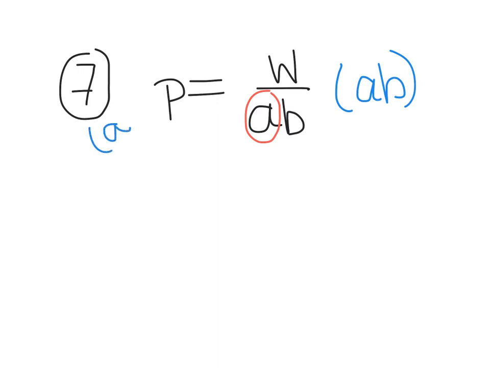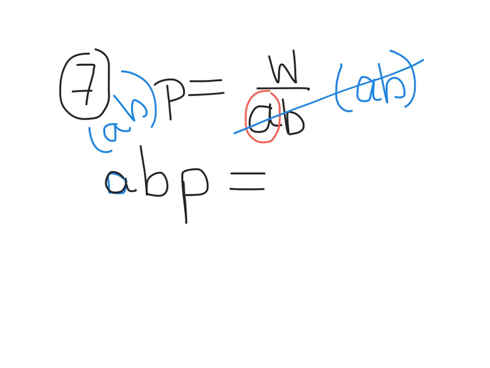So AB. These AB's are going to cancel off, and over here I'm going to have A, B, P equals my W. I'm still trying to get my A by himself, though.